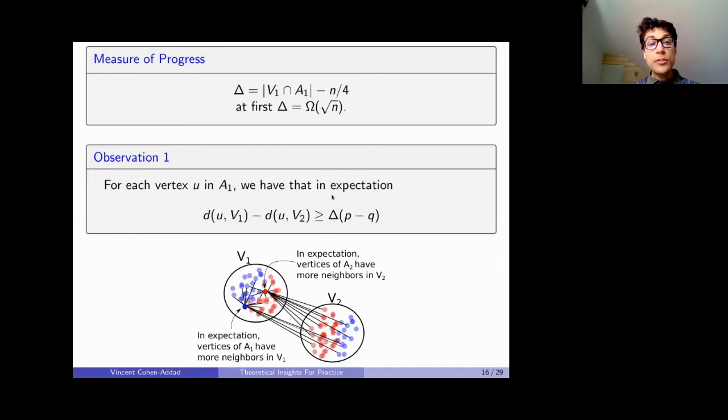So in expectation, we are happy. In expectation, u is willing to move to the right side. If u is in V2, then it will go to V1. If u is already in V1, it doesn't want to move away. So we are happy. In expectation, the expectation of the degree is good. Of the changes is good.